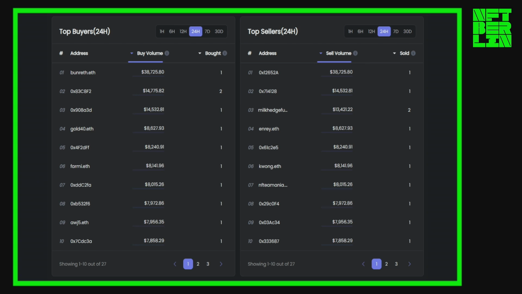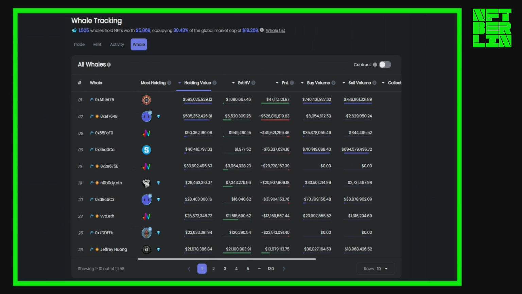So when speaking on following, this is now the moment where I want to show you how deep we are actually going. We have this option of top buyers, top sellers, and what is really good, you can go deep into their wallet. The second thing is that we all want to follow the whales. Whales are the guys who are the smart money.